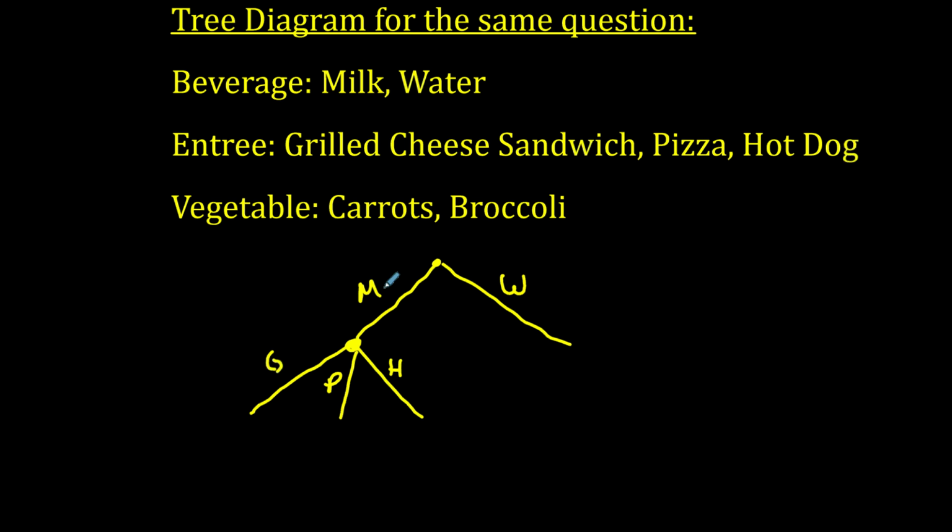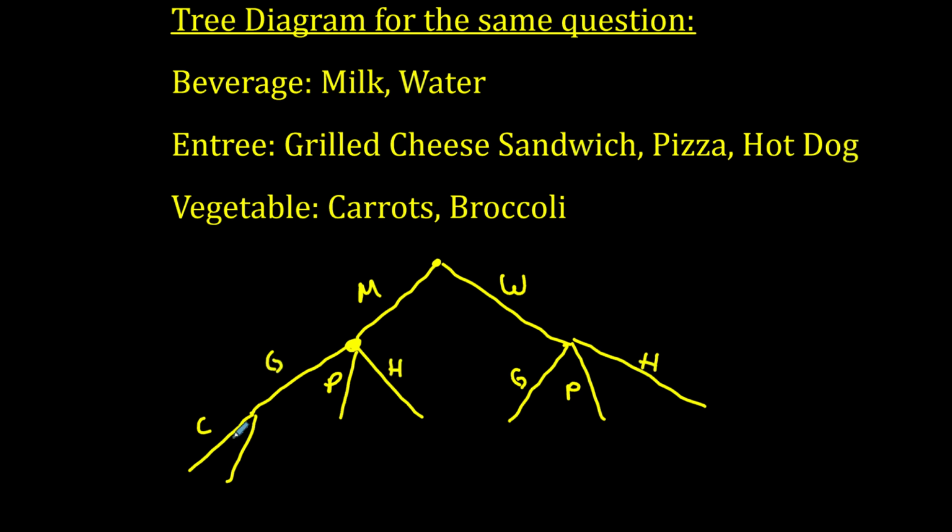And then if I chose milk, grilled cheese, let's back up. If I chose water, then I have the exact same 3 options. For my entree, I've got grilled cheese, pizza, and hot dog. And then once I've chosen my beverage and entree, now I have 2 choices for vegetables.